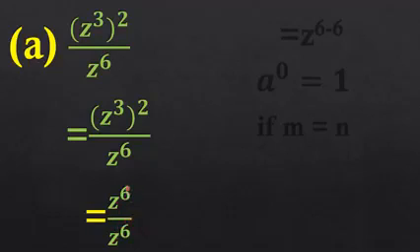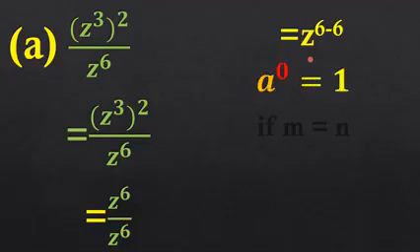So kung i-compare naman natin yung exponent ng m and n, they are equal, right? So we have 6 minus 6. And 6 minus 6 is equal to 0. And by the second condition ng ating fourth law of exponent, we have a raised to 0 is equal to 1.